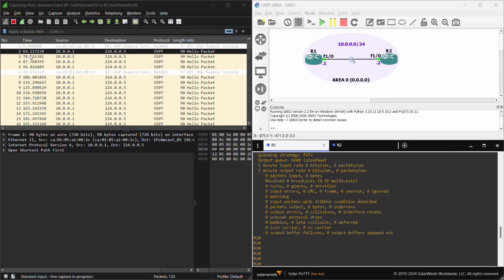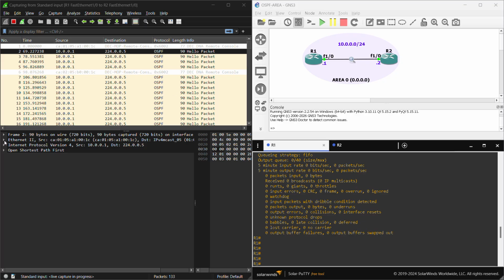The second point is the source IP. It is the IP address of FastEthernet 1/0 of R1. The destination address is a multicast address. The protocol that we're using is OSPF, and then we look at the other packet.